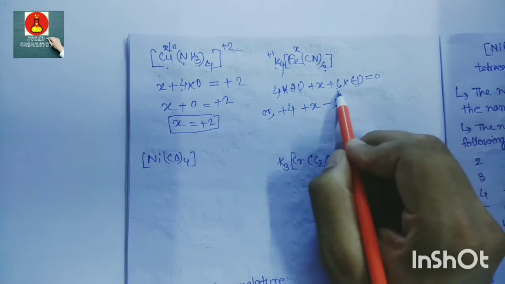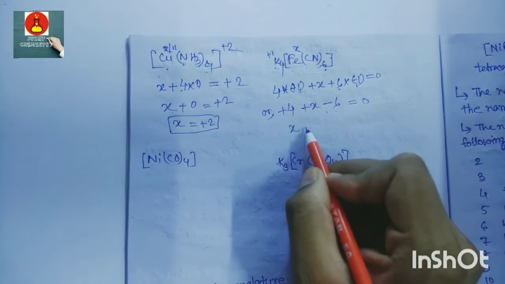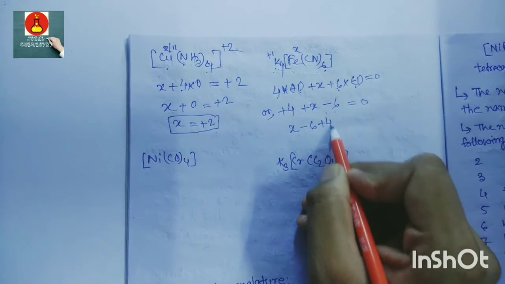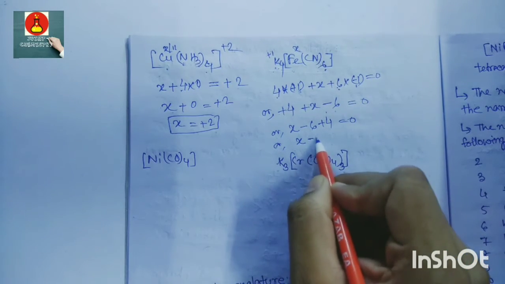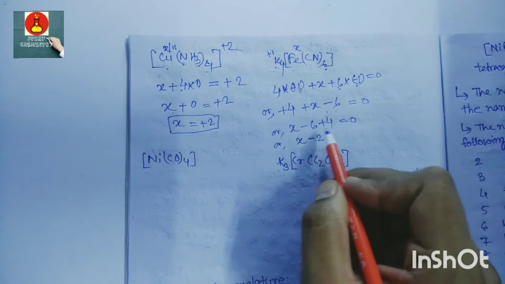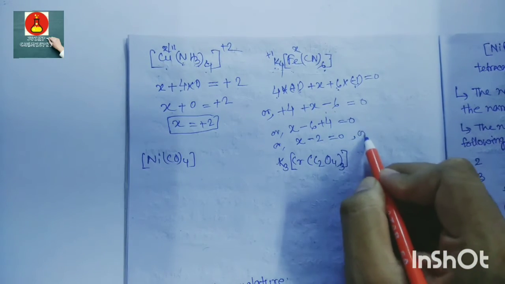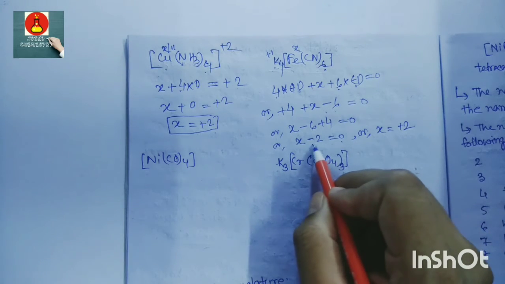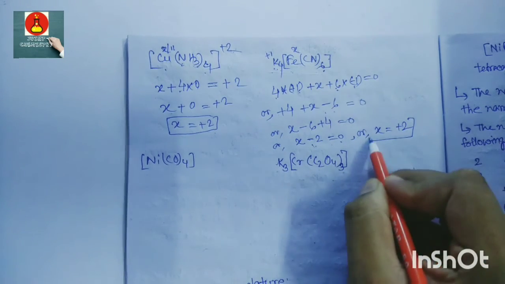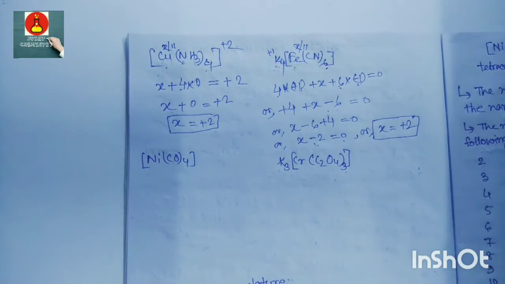If we multiply 6 with -1, we get -6, so x - 6 + 4 is equal to 0, right? Or x - 2, because -6 plus 4 gives -2, is equal to 0. So x is equal to +2 by changing the side. There is a minus 2, so if we change the side it becomes plus 2. So the charge of this Fe is 2, right? So this is the way we can calculate the metal charge.